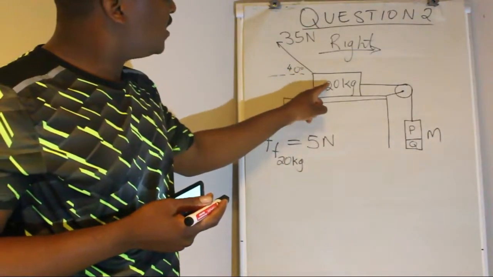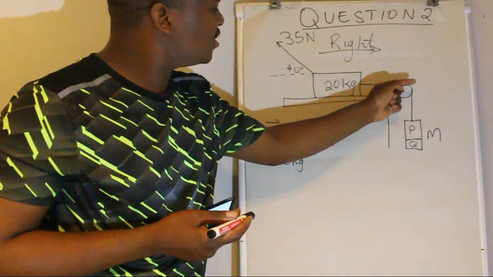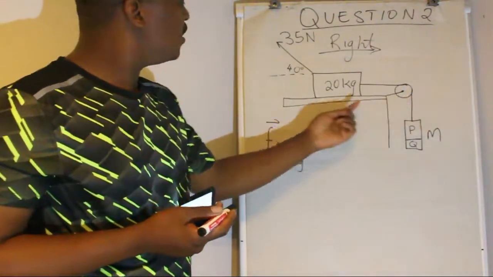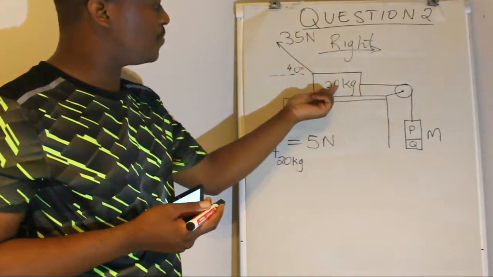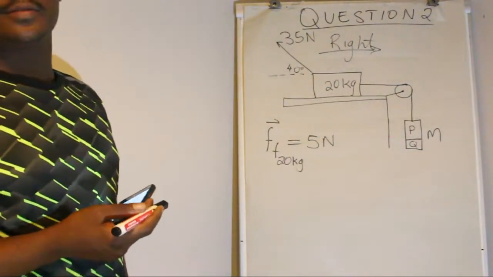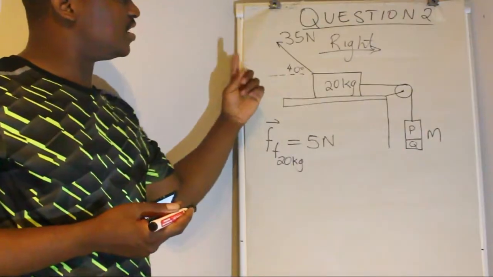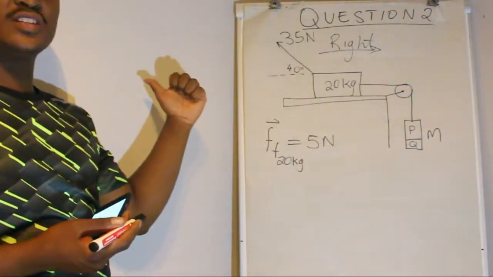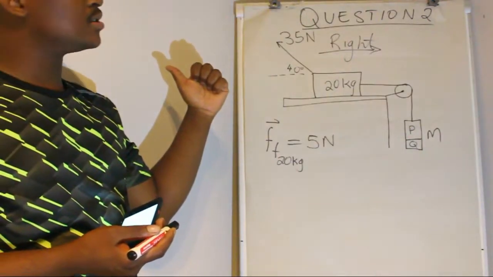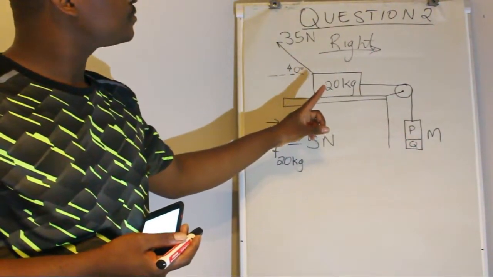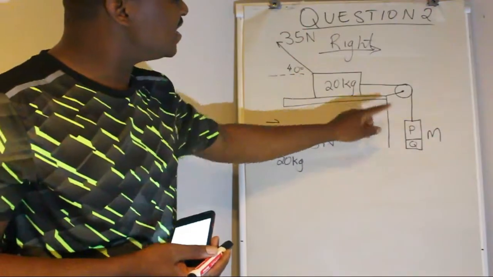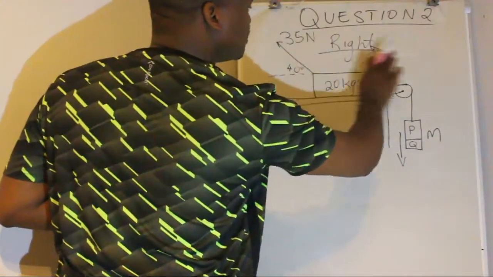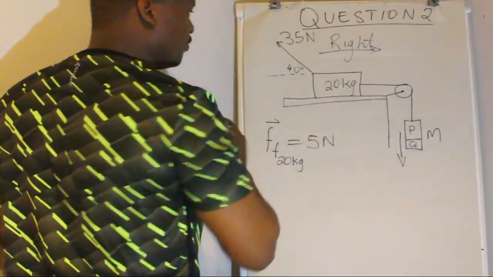The frictional force experienced by this block is to the left, because if the block is moving to the right, the frictional force opposes the motion and acts backwards. So the block is moving to the right, and the frictional force is going to the other side.